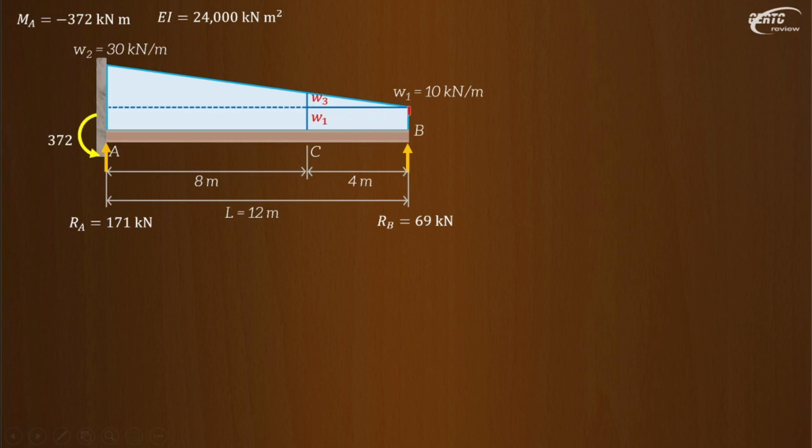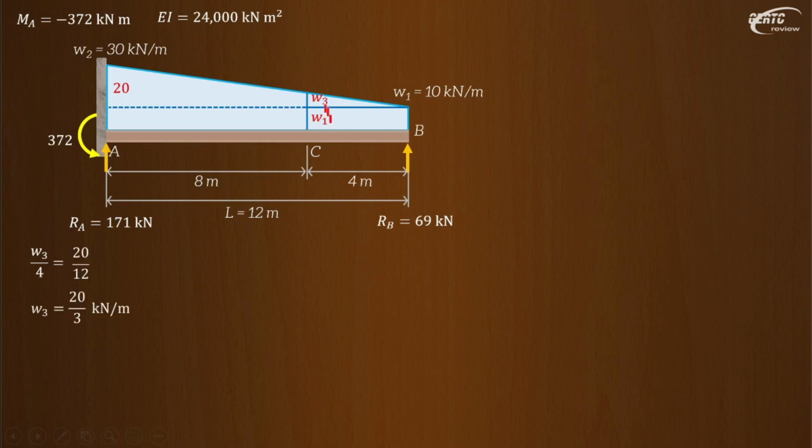We can make a straight line up to here, and of course this will be 20 here: 30 minus 10, 20. So W3 is to 4 as 20 is to 12. That's by similar triangles. W3 is to 4 as 20 is to 12. That gives us W3 equal to 20 over 3 kilonewton per linear meter.